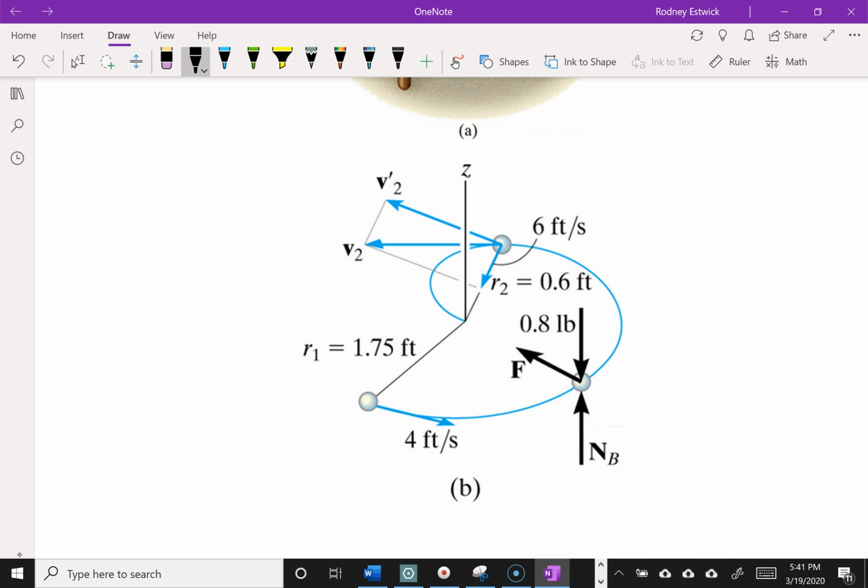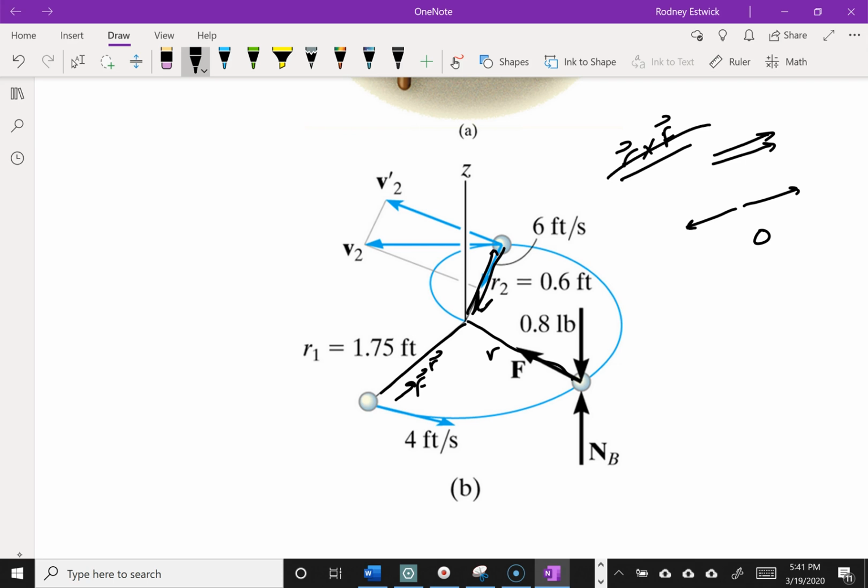Now, what you notice about the force is it is always in the direction of the r vector. If this is r here, and there's a force this way, force is in, r is out. True over here too. The force is always in the opposite direction of the position vector. And so when you have a cross product of two vectors that are either in the same direction or in opposite directions, the sine of that angle between them is 0.